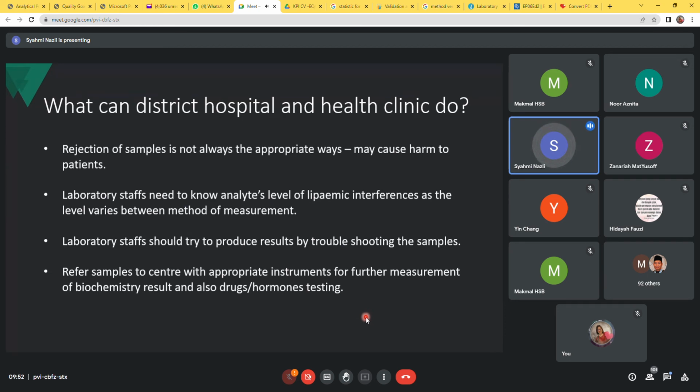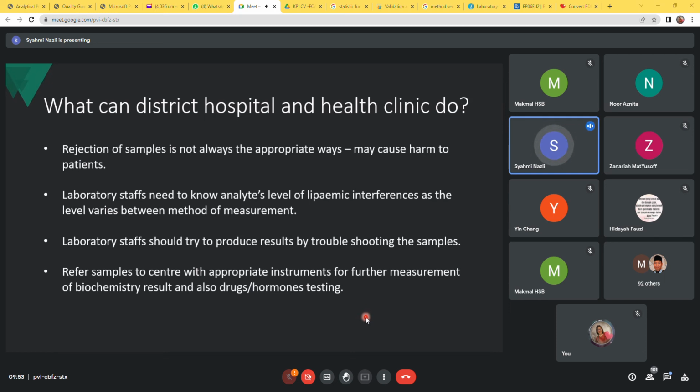As simple as pseudohyponatremia, if you have an ABG machine, a blood gases machine, you can verify with direct ISE to produce the true value of the sodium level. And if you don't have facilities like the high-speed centrifuge, you can refer the samples to a center with the appropriate instrument for further measurements.